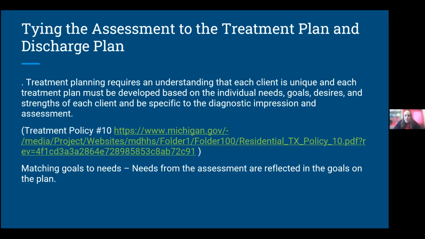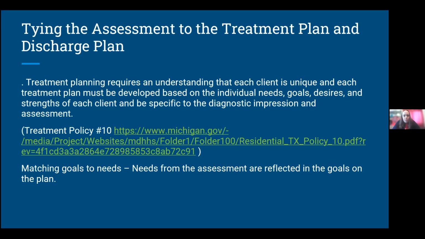Treatment Policy 10 was developed by the state of Michigan to have rules and regulations for residential substance use treatment. And so in that policy, it states, treatment planning requires an understanding that each client is unique and each treatment plan must be developed based on the individual needs, goals, desires, and strengths of each client.